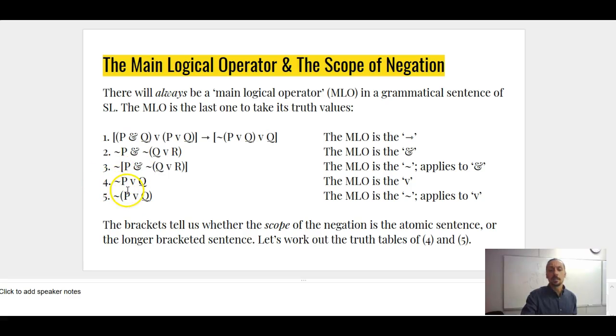In sentence 4, the main logical operator is the "or": either not P or Q, whereas in sentence 5, the main logical operator is the negation, because it applies to the disjunction, the "or".